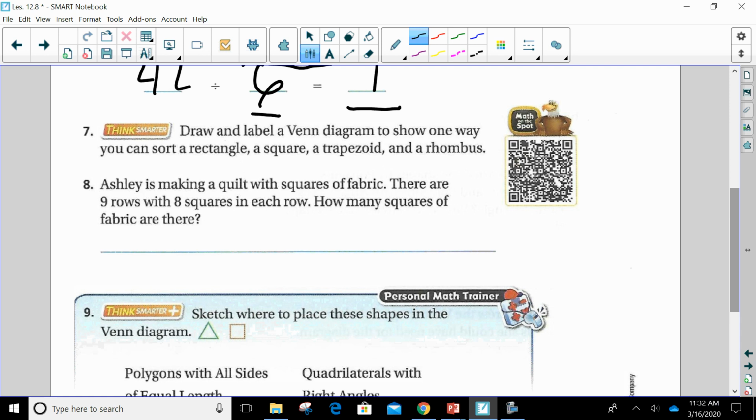Draw and label a Venn diagram to show one way you could sort a rectangle, a square, a trapezoid, and a rhombus. Okay, let me think here. What can we do?